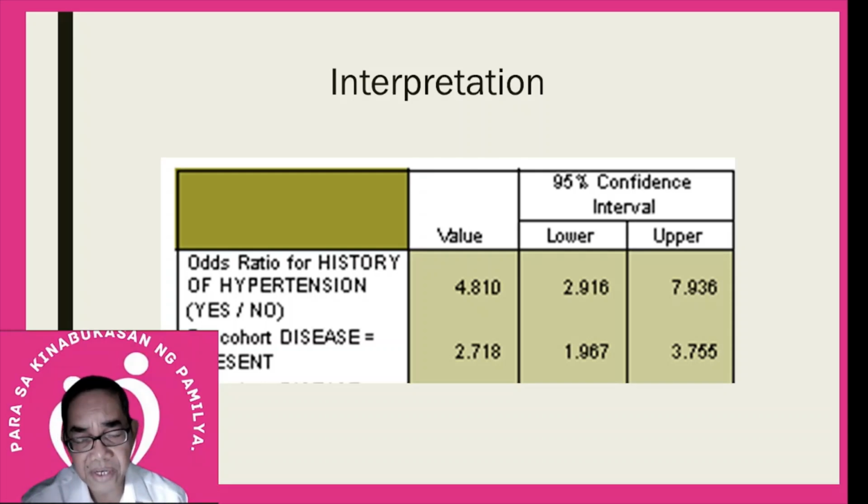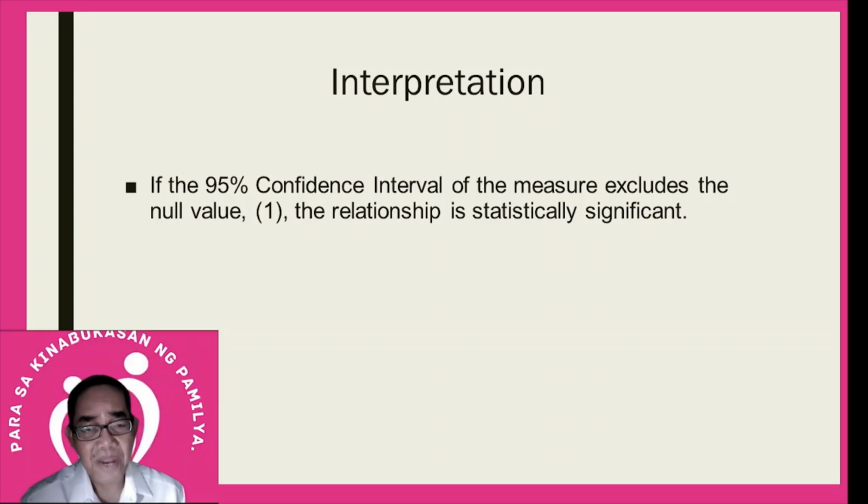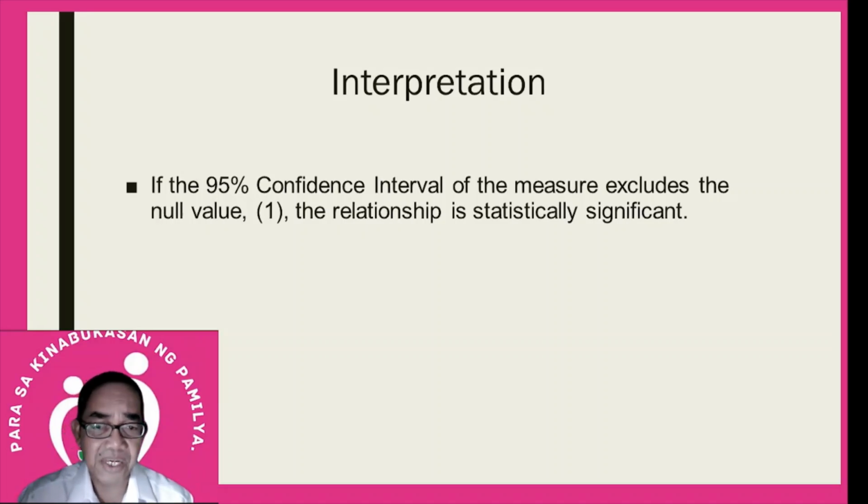If you look at the risk ratio, again, this is already past 1, because 1 is the null value, as we said. So if the 95% confidence interval excludes the null value, the relationship is statistically significant.